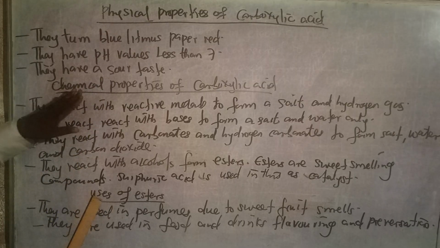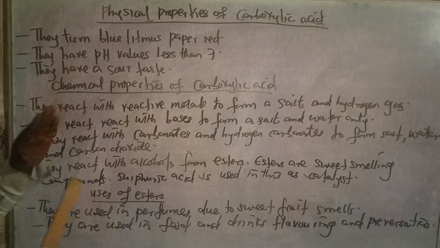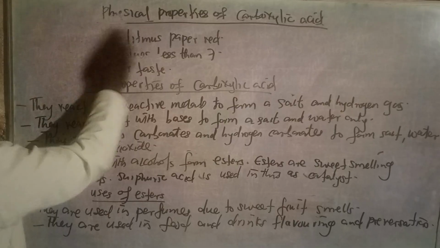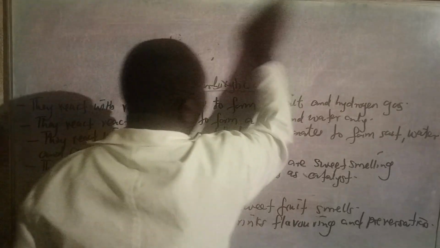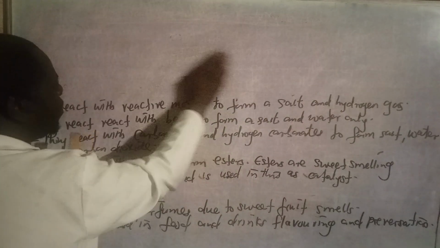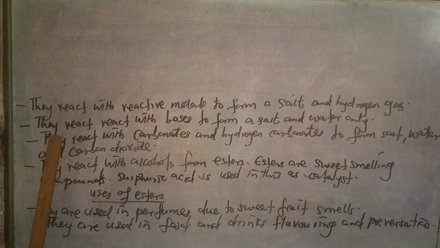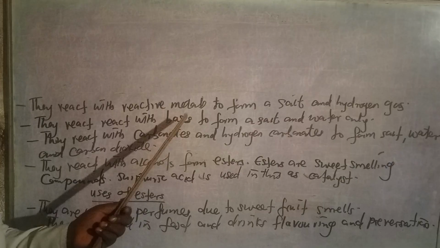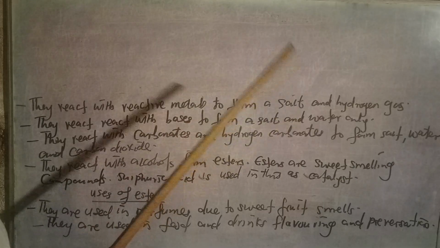Now I'll go to the chemical properties of carboxylic acid. Number one, they react with reactive metals to form a salt and hydrogen gas.